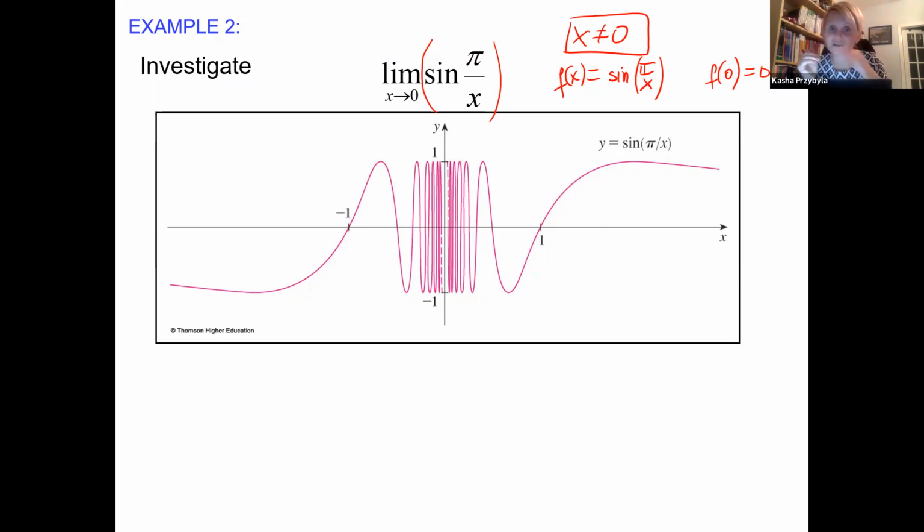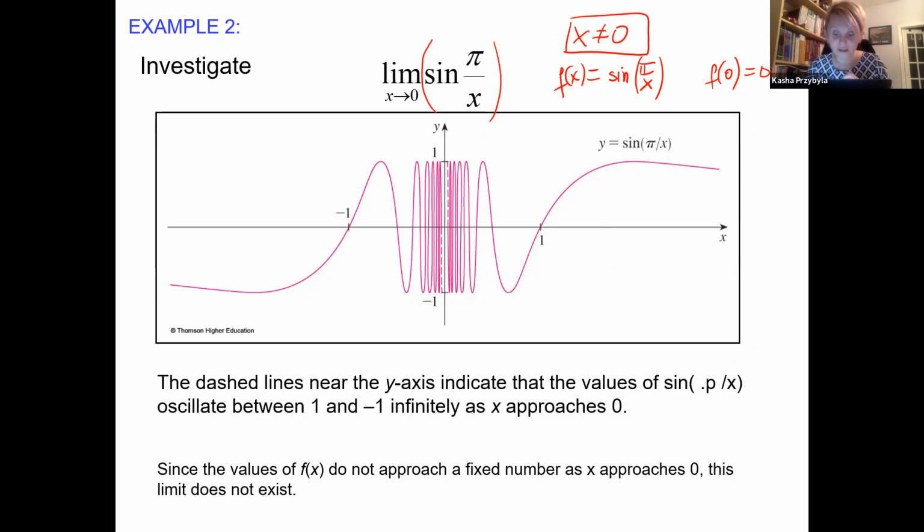I can't just say the limit is 1 or -1. I have to simply say that the limit is undefined.